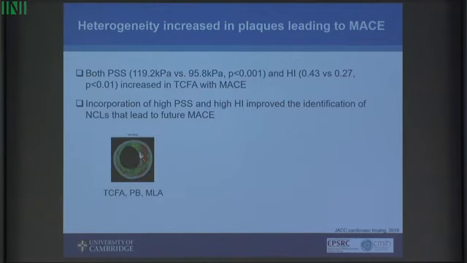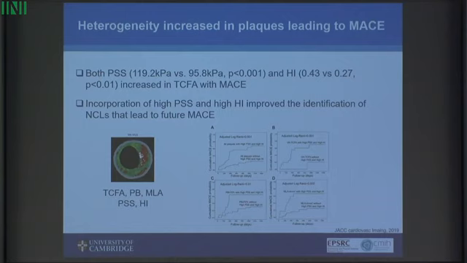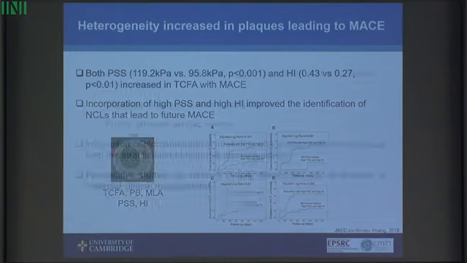And more interestingly, on top of the plaque burden and minimal luminal area, which are features we could extract from IVUS directly, if we also incorporate the PSS and its heterogeneity, we will be able to get a better stratification of patients, of the non-culprit lesions that lead to future MACE. So this was published recently in JACC Cardiovascular Imaging.